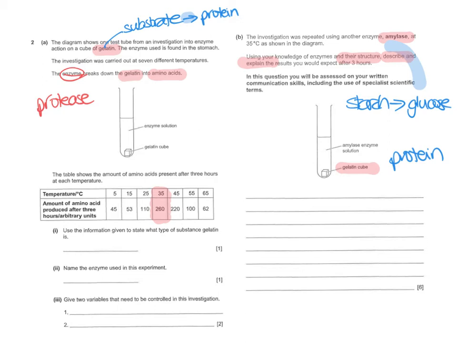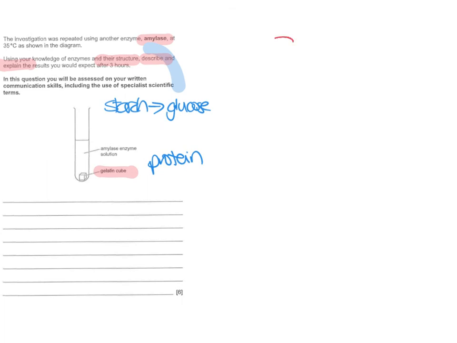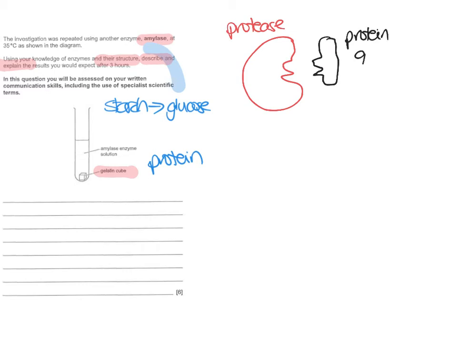Now, what about the structure of the enzymes? Well, you need to mention the active site. So if we think back to enzyme molecules, if that was our enzyme in the experiment, which is a protease, and if this was the protein, gelatin.